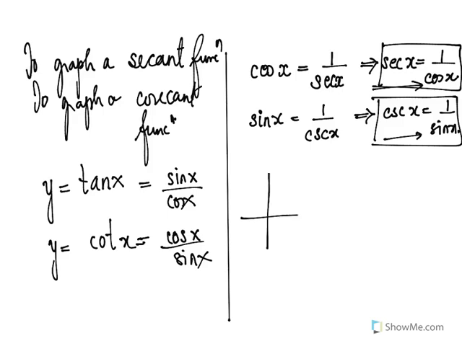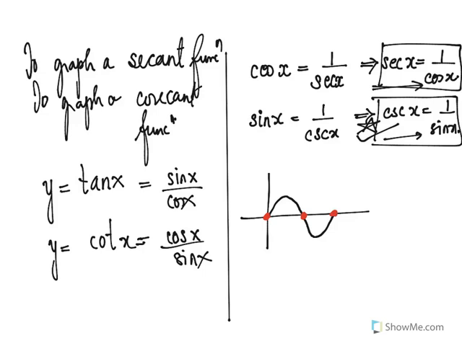For instance, if I have to draw a cosine graph, this will be the general cosine graph. But now I am drawing the cosecant graph. From the sine, I have to draw the cosecant graph. So I need to understand that cosecant is the reciprocal of sine. So everything is fine, except these points where you see 0.